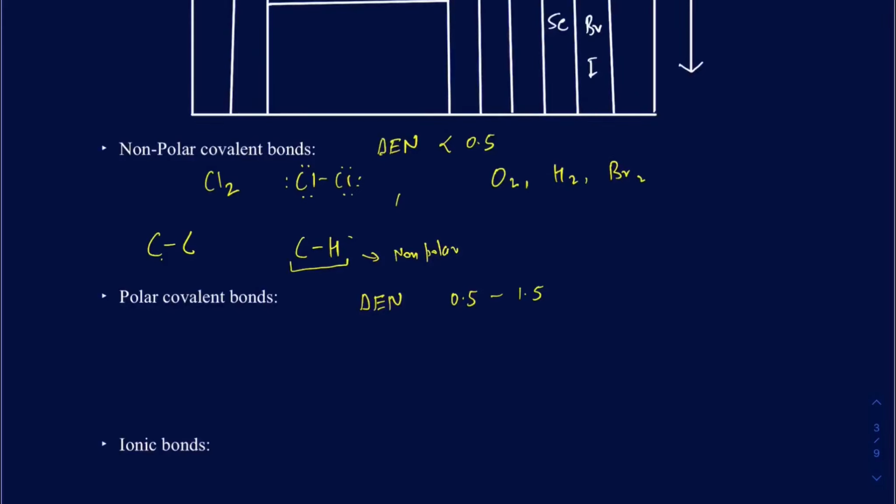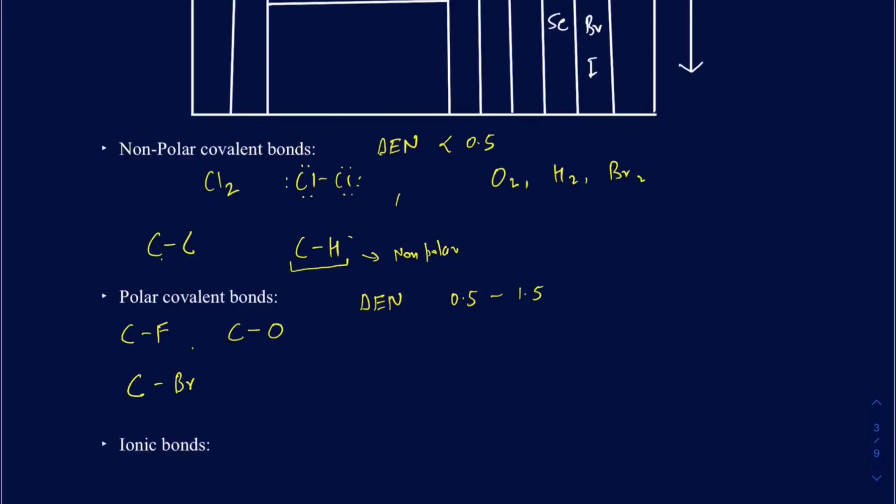For example, a carbon-fluorine bond, a carbon-oxygen bond, or a carbon-Br bond are all going to be considered polar bonds, even though they may not have an exact electronegativity difference between 0.5 and 1.5. So this is more qualitative.